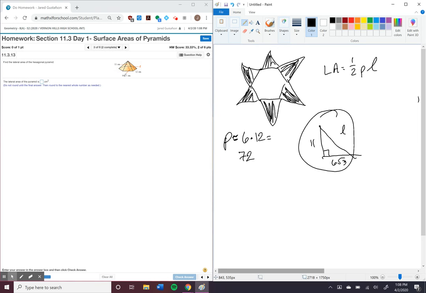In a right triangle, if we have 2 sides and need the third, what do we need to do? Pythagorean theorem. So 11 squared plus 6 square root of 3 squared equals L squared. This is 121. Now for the second one.